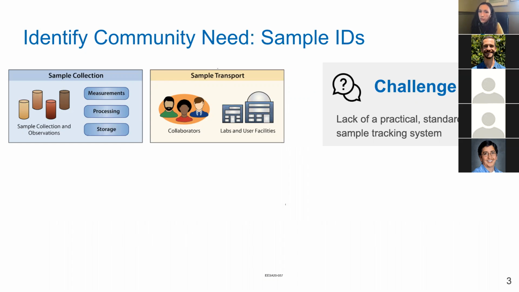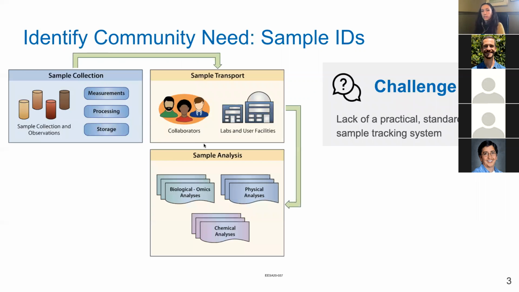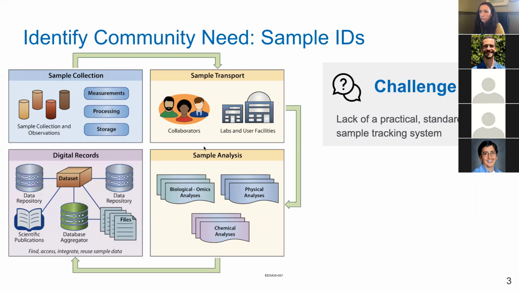As some of you have heard before, early in our site visits as we were getting ESS-DIVE up and running, we had a lot of feedback that projects were facing a particular challenge in efficiently tracking samples as they're sent to different labs and user facilities for a variety of different physical, chemical, and biological analyses, and then combined into different data files and published in different datasets and repositories.